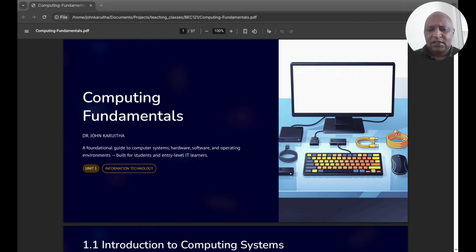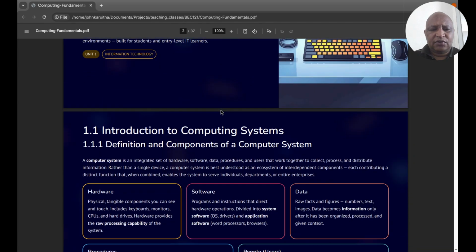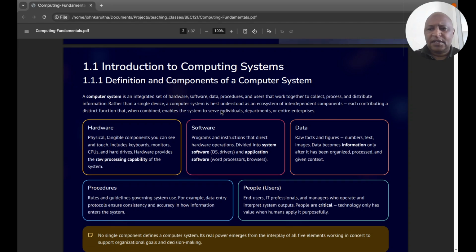So let's start and look at the fundamentals of computing, starting with the definition of a computer system. So what is a computer system? A computer system is simply an integration of hardware, software, data, procedures, and the users, the people who use the computers themselves.